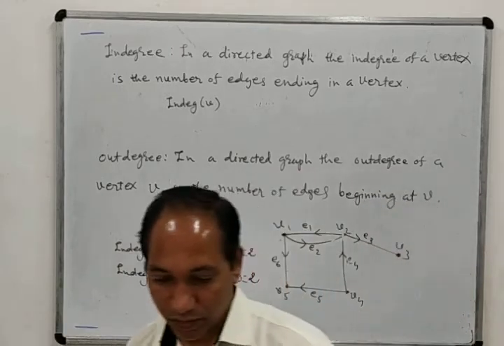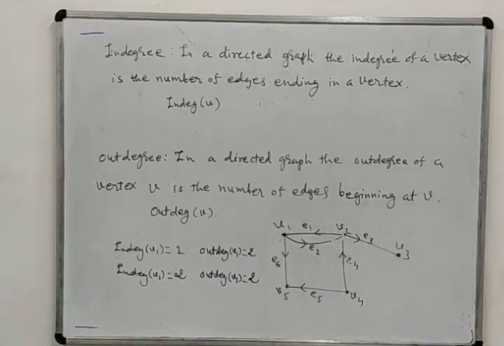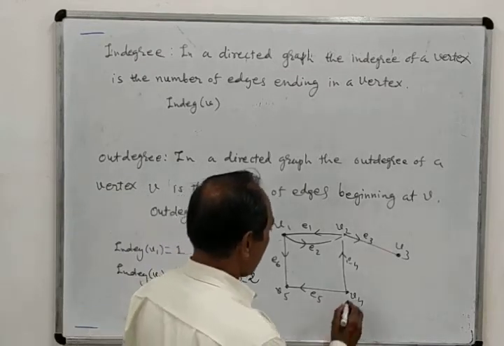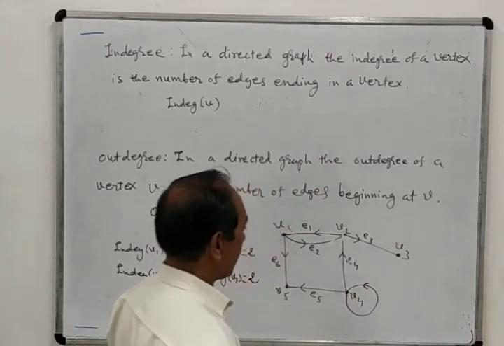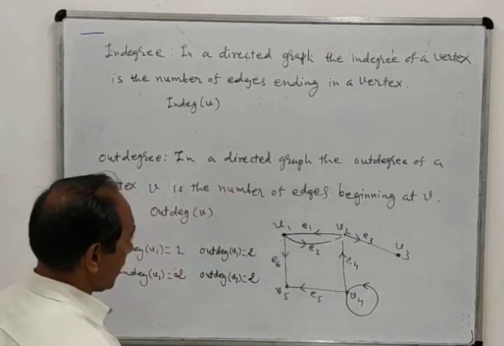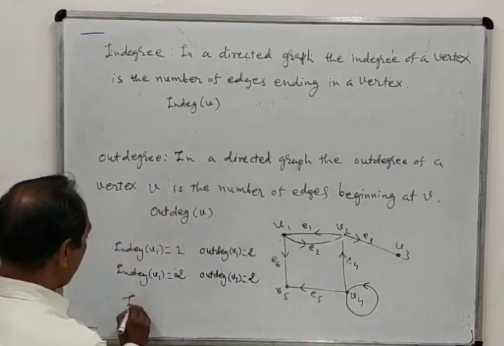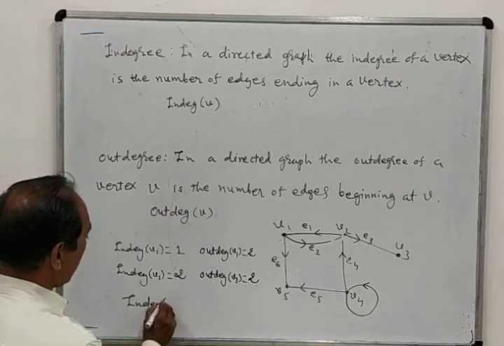directed graphs. So you must note this down. Once again, during the counting of in degree and out degree, I will show you one more thing. Suppose a self loop is there, and we want to find the in degree of V4.